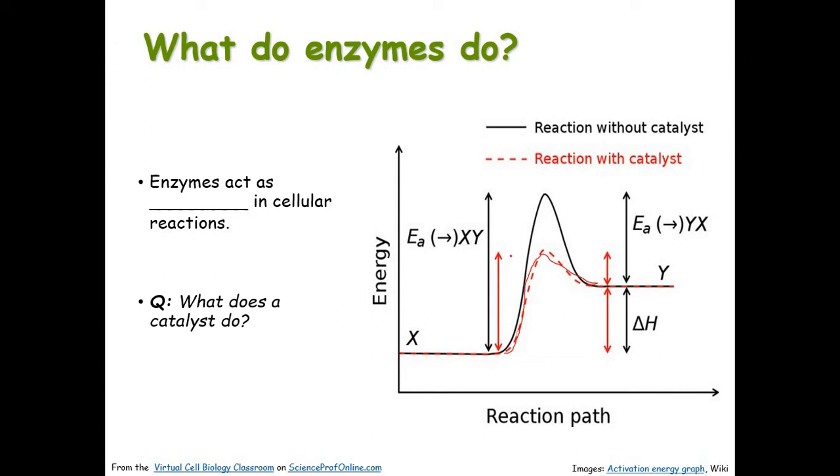So this is the activation energy. If there is no catalyst, that is the energy that needs to be obtained for the reaction to proceed. But if there is a catalyst, this is what we call the activation energy that has to be overcome for the reaction to proceed. So an enzyme increases the rate of a reaction by lowering the activation energy.